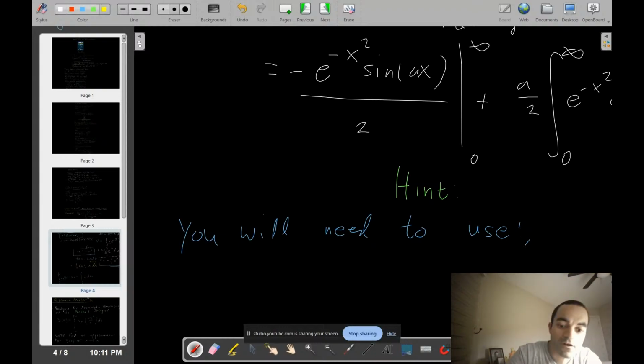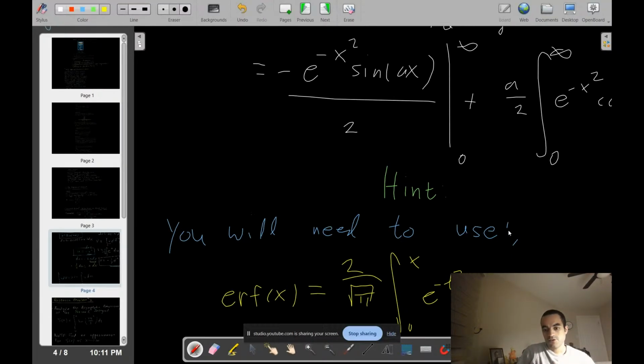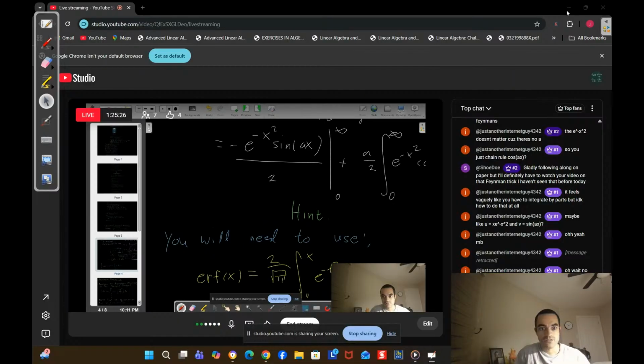The error function, as I mentioned, is erf of x equals 2 over root pi, integral 0 to x of e to the negative t squared dt. All right, so that will be part of the solution for this.